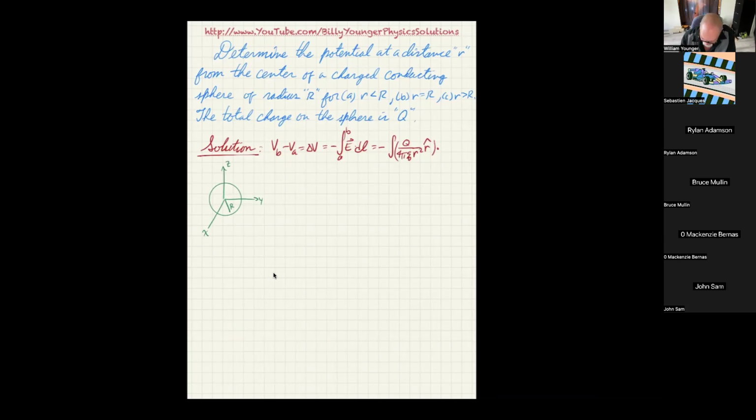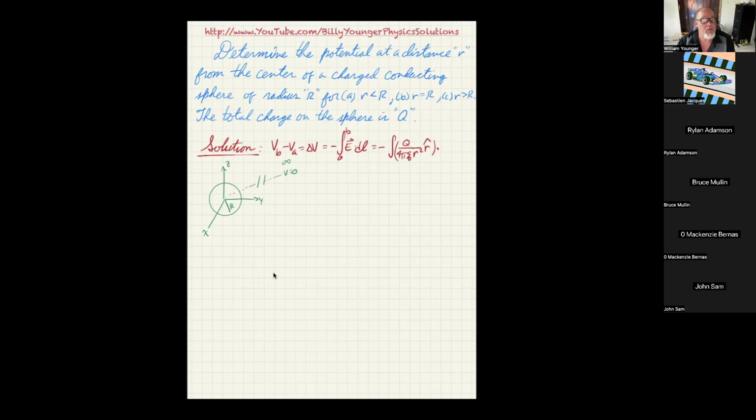So if we go way out here, some ginormous distance to about infinity, V should be equal to 0. So that's sort of the plan that I have cooked up here.